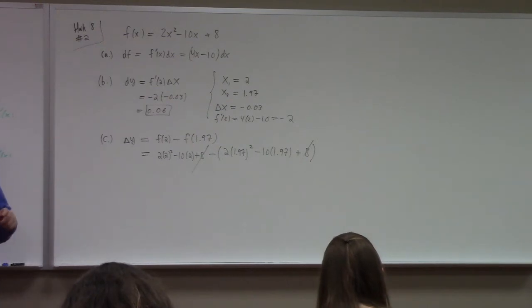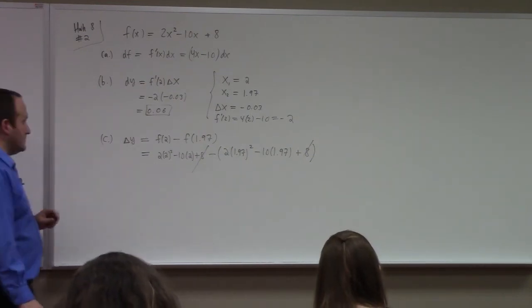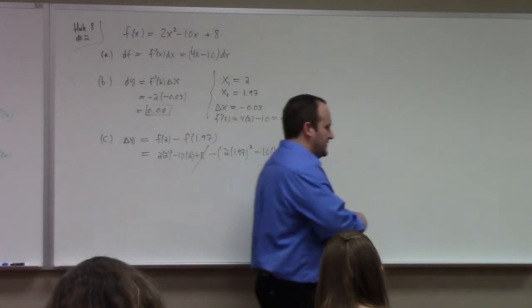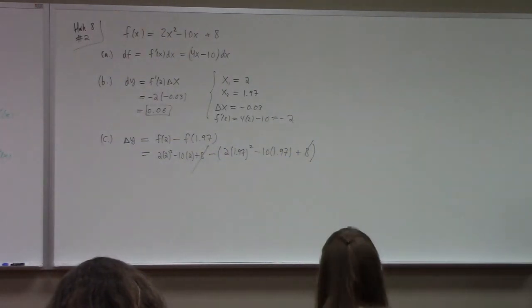How are we supposed to know that dy equals the derivative of f at 2 times delta x? Again, it says use your result from part A to find the approximate change.